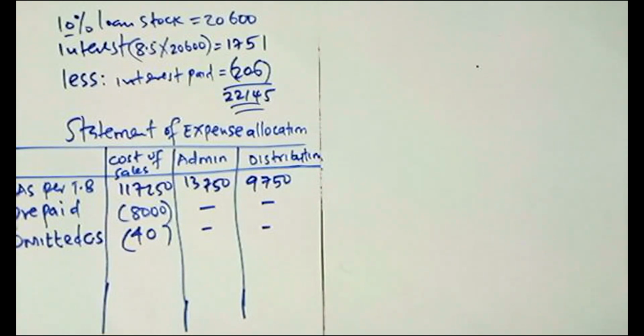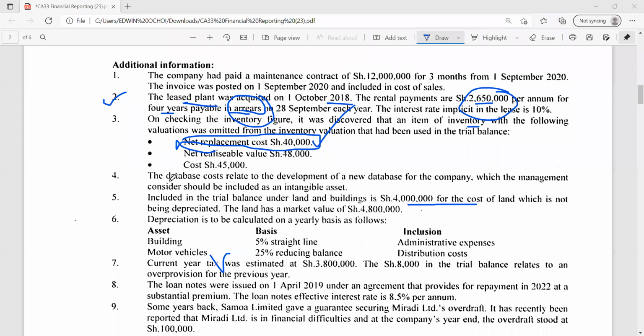So another expense, we have depreciation. I think that is where we head to. The database said that this one we never record as an expense, but we record it as an intangible asset. Number 5 was revaluation gain, that is other comprehensive income.